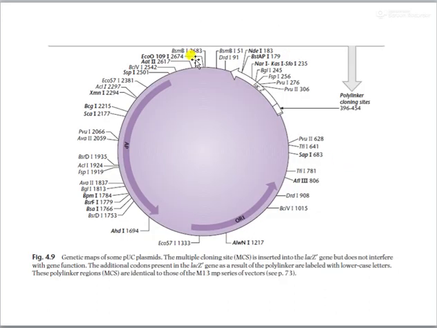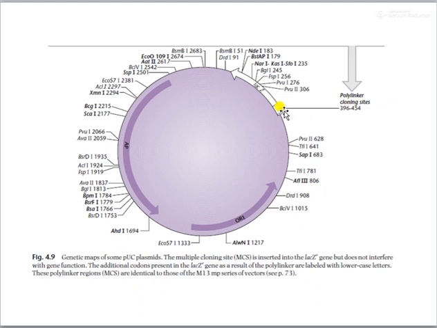This is an example of the pUC vector. It has a LacZ gene incorporated into it, and these are the restriction endonuclease sites. Compared to pBR322, there are lots of restriction enzyme sites. There is an origin of replication over here, and there is another gene called the LacZ gene, which we will be explaining in the coming sessions.